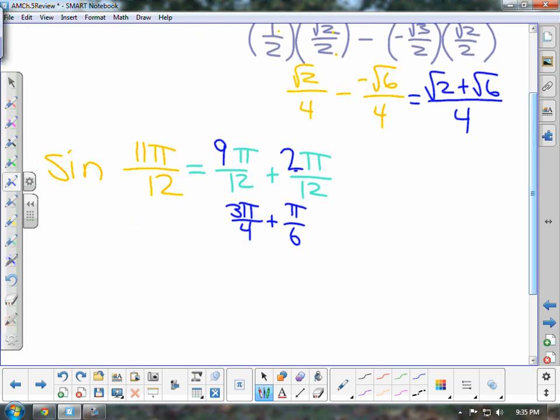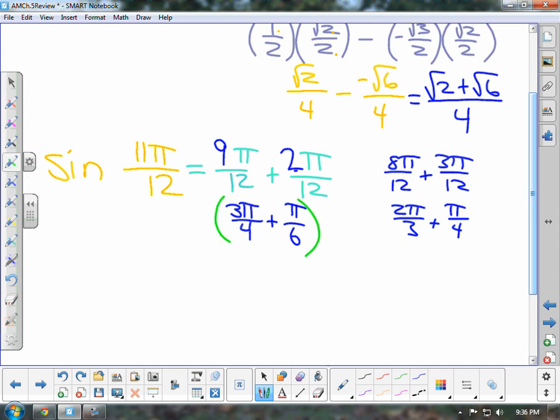Now you could also say 8 pi over 12 plus 3 pi over 12, which would be, if you divide by 4, 2 pi over 3 plus pi over 4. Either one will work. We are just going to do one of them, which is going to be this one.